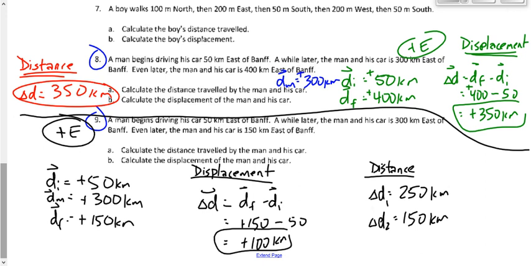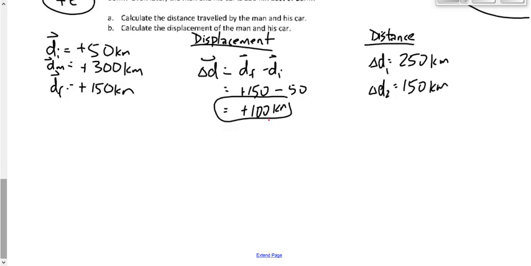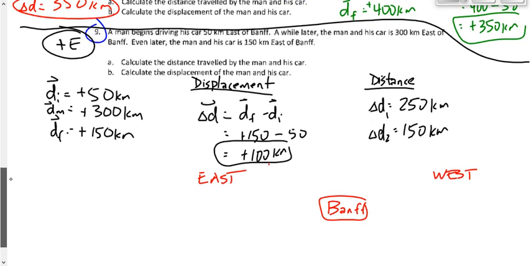Let me draw a picture of this here. Here's Banff. This is going to be east. This is going to be west. My initial position is 50 kilometers east of Banff.